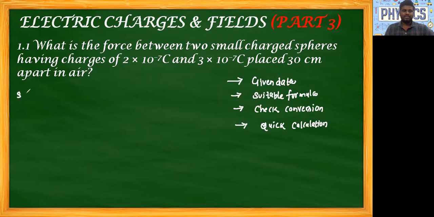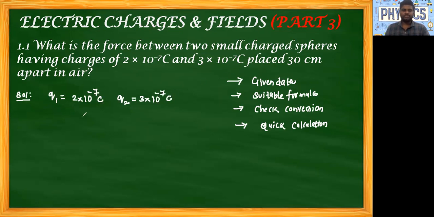Now we'll see what the given data from this question are. Two small charges are given. Let us assume the first charge Q1 is equal to 2 into 10 to the power of minus 7 coulomb, and the second charge Q2 is equal to 3 into 10 to the power of minus 7 coulomb.